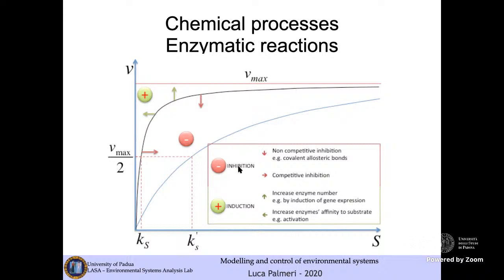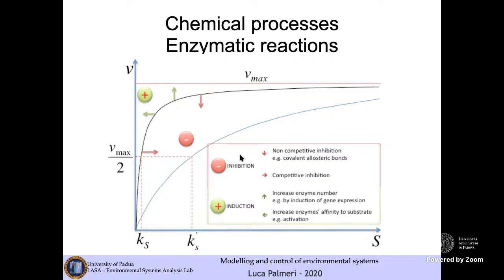In inhibition, you have a slowdown of a reaction, and you may have inhibition in case of non-competitive inhibitors. So, for example, if there are covalent allosteric bonds that tend to render the reaction more difficult to happen, or you may have competitive inhibition in which there are other chemicals that take place in a reaction and have the overall effect of slowing down the reaction.